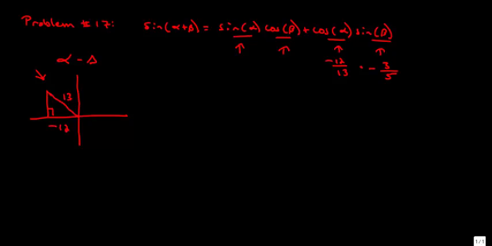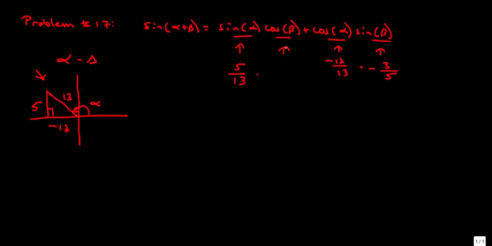So that gives me my adjacent side and my hypotenuse. Since it's a right triangle, I can solve for the side length. So remember, this is alpha. The sine value of alpha is then 5 over 13.